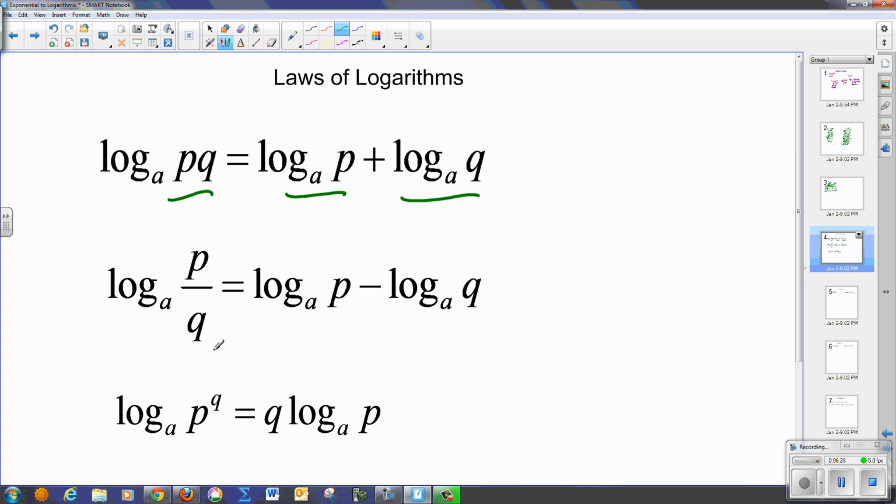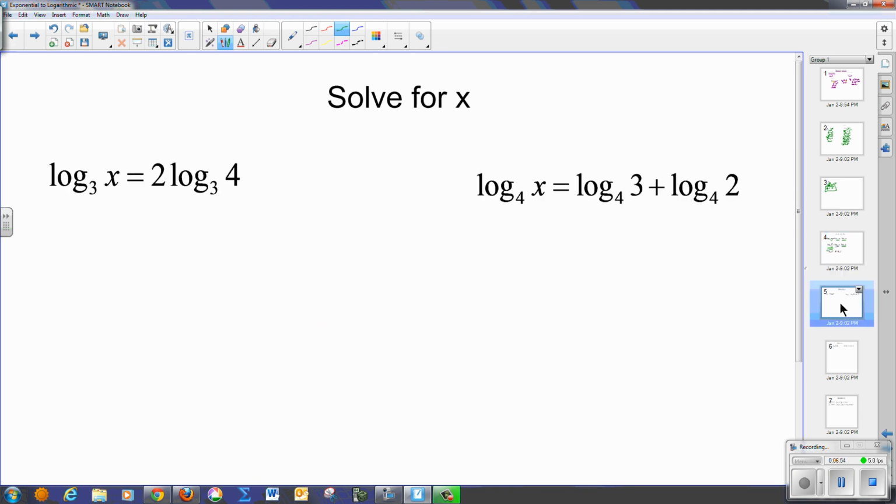If I have a division of two quantities, that will split apart into the difference of each of those quantities. And then finally, if I have the log base a of some number raised to a power, I can rewrite that as the power sliding out in front times the log base a of p. All right. We're going to use those to continue our problems.